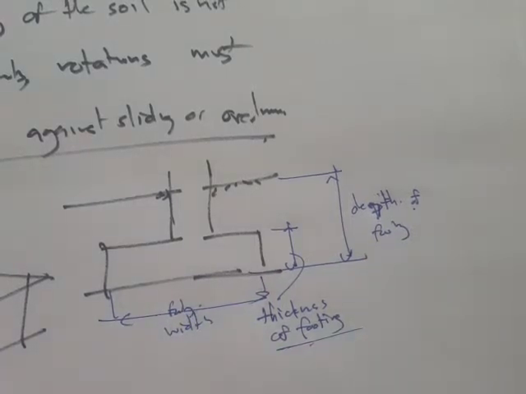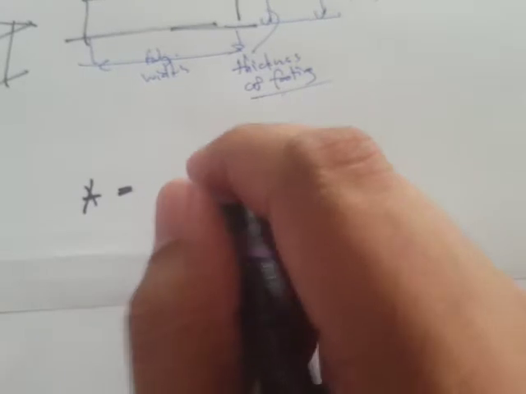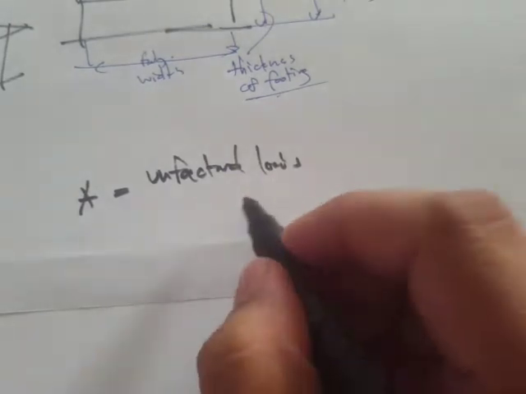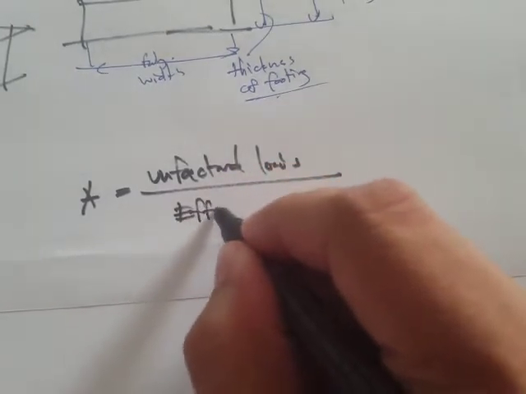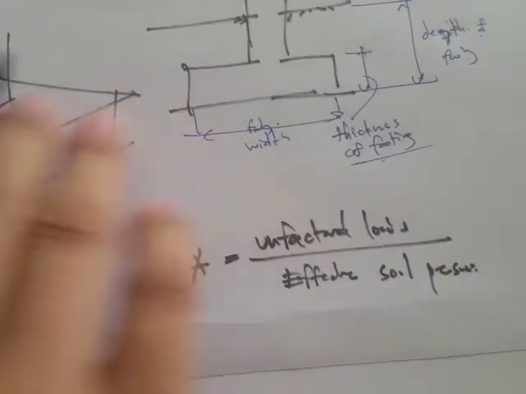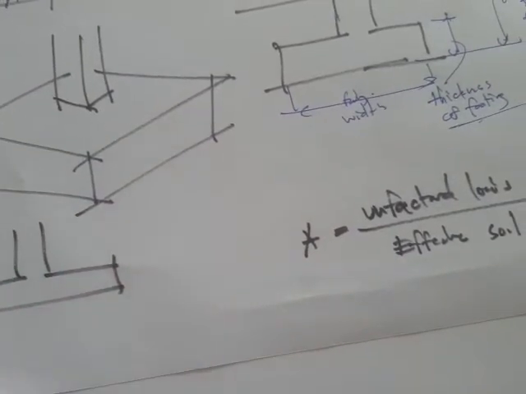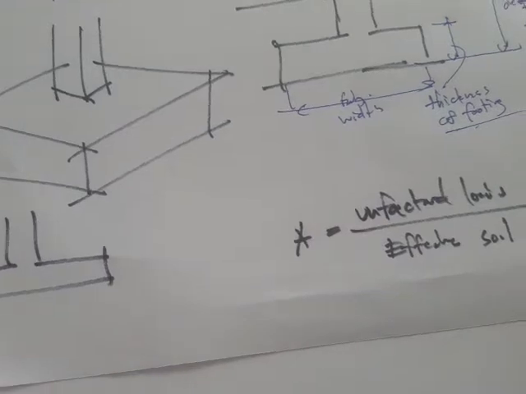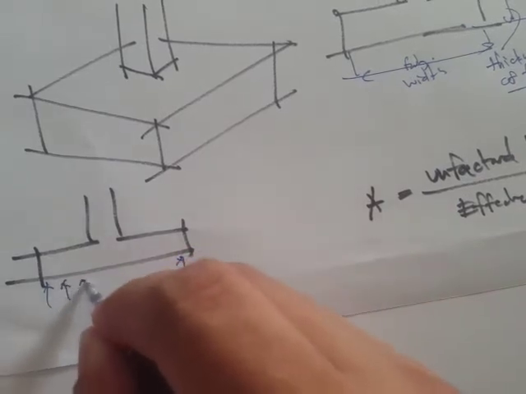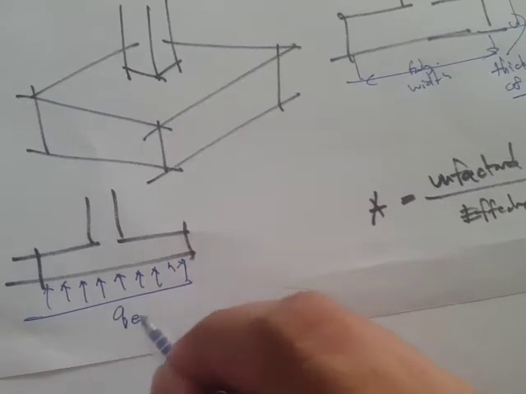Now, to solve for the area, it must be solved using the unfactored loads divided by the effective soil pressure. Meaning if this is our footing, then we'll have a soil pressure distribution here, and that's going to be our Q effective.